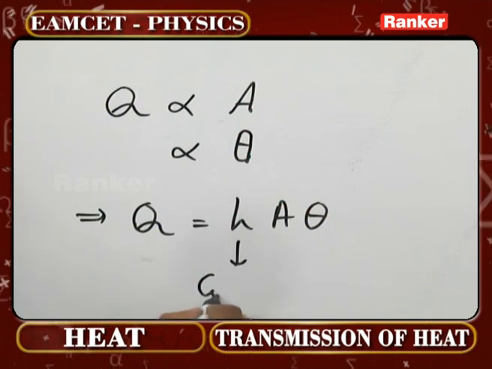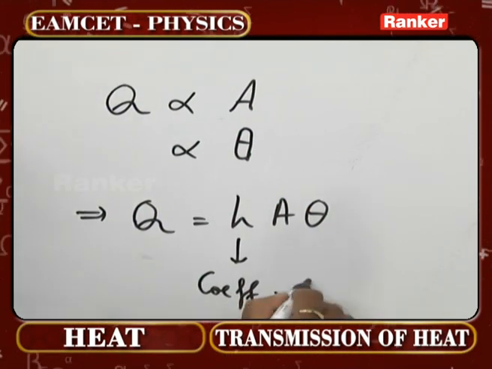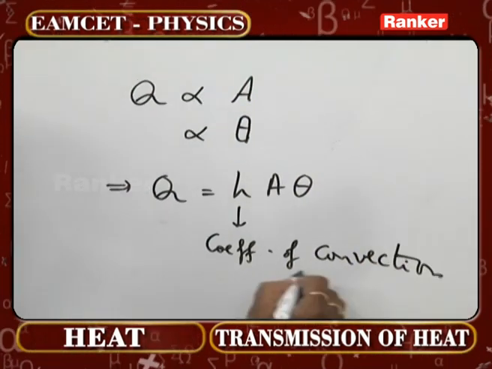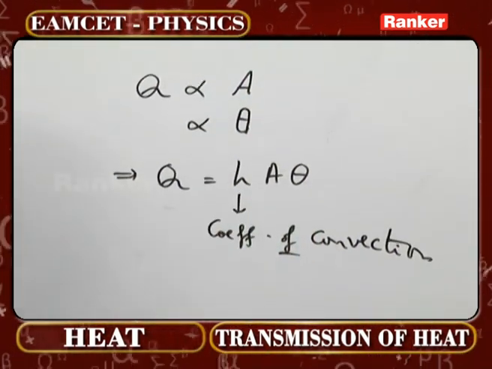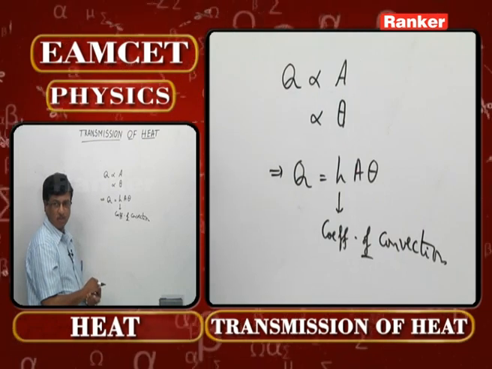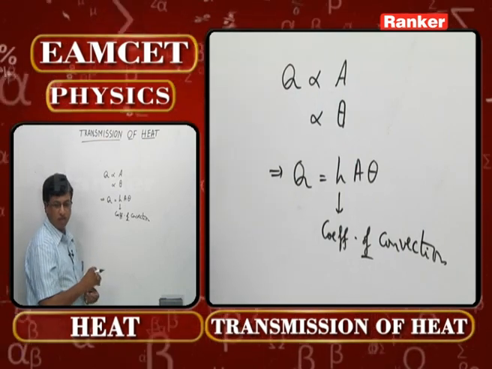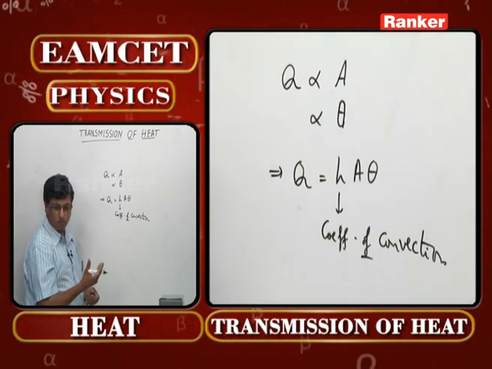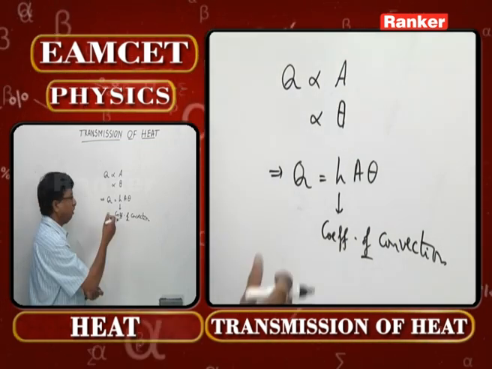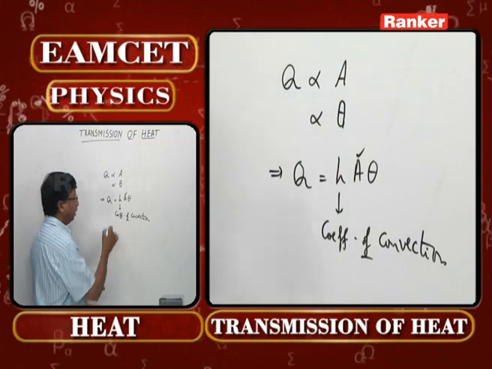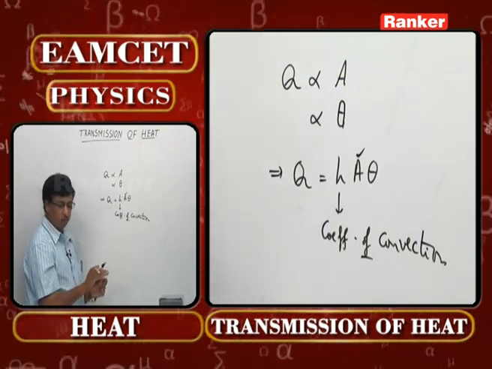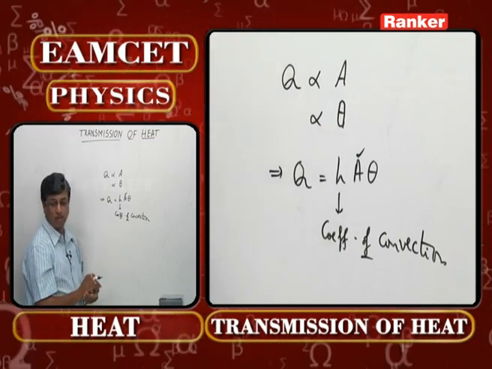This is what we call the coefficient of convection. What is the concept behind this? When a cup of coffee is very hot, if a person wants to drink it as early as possible, then that person has to use a saucer. What is the reason behind it? The more the area, the more the amount of heat that is going to be convected to the surroundings. That is the concept.